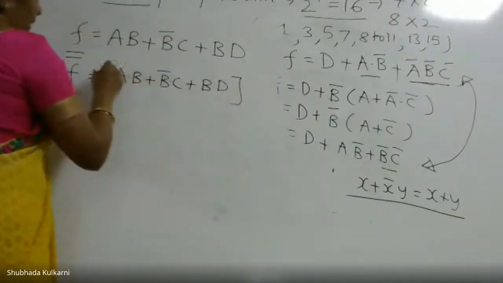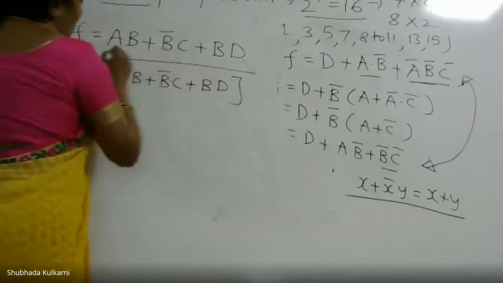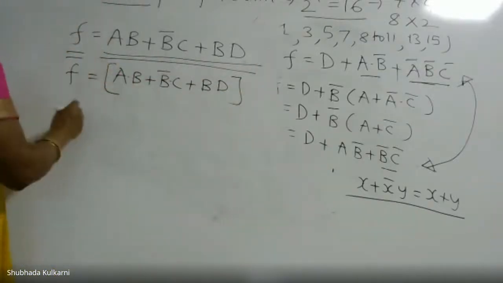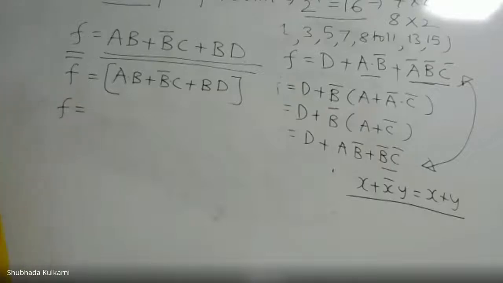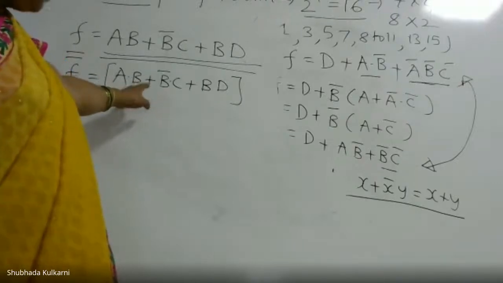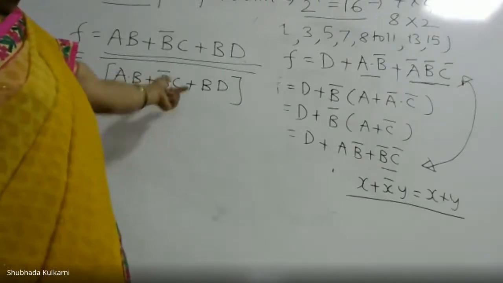So we'll put one bracket and we'll show two complements. You can put dash or bar. Solve one complement, the inner complement, using De Morgan's theorem. De Morgan's theorem is: replace plus by dot, dot by plus. Each term should be complemented.